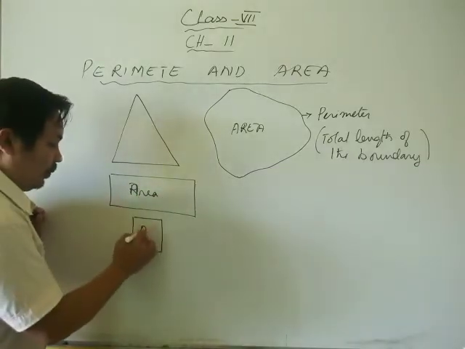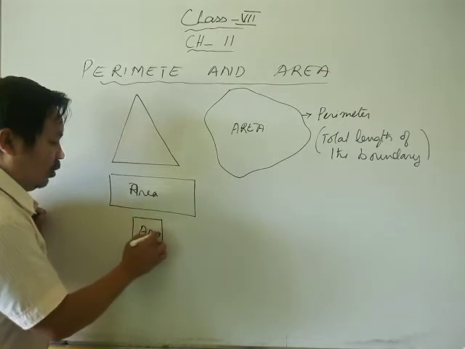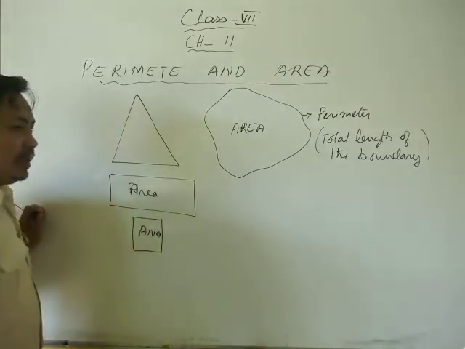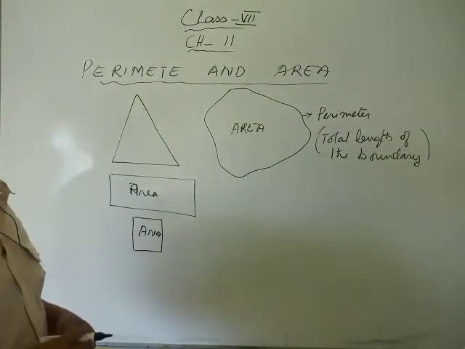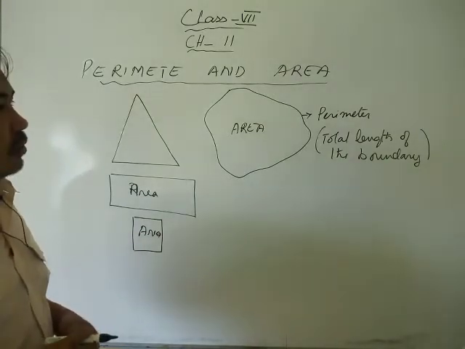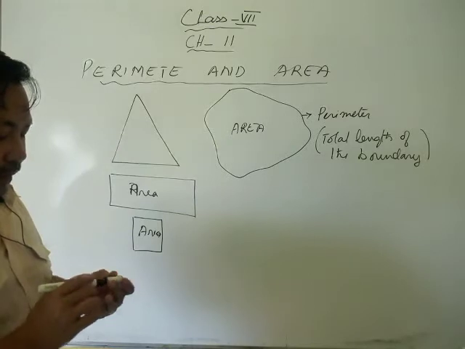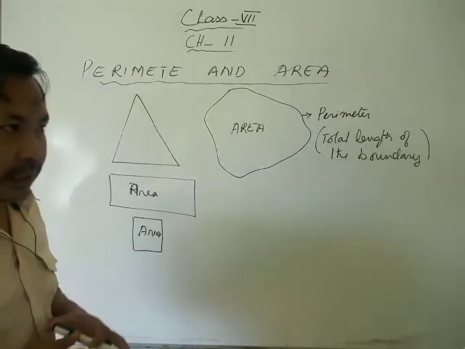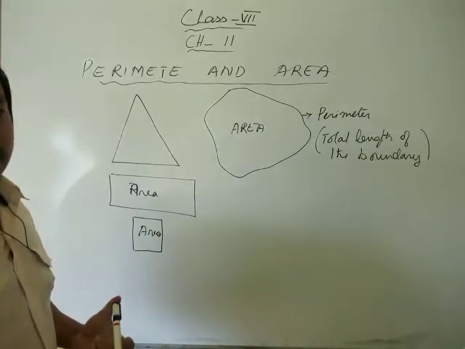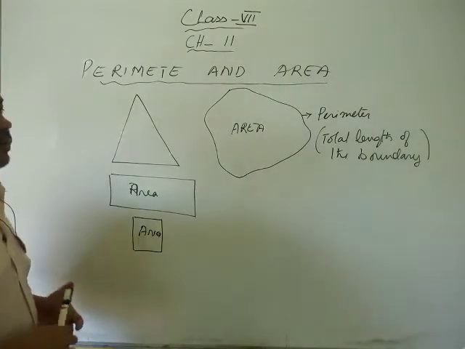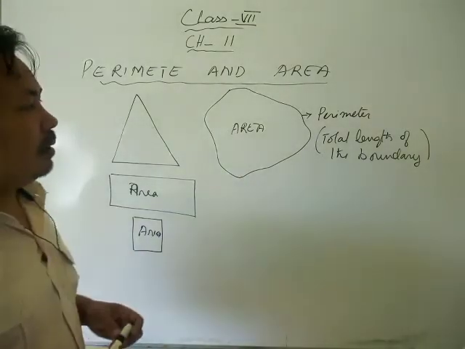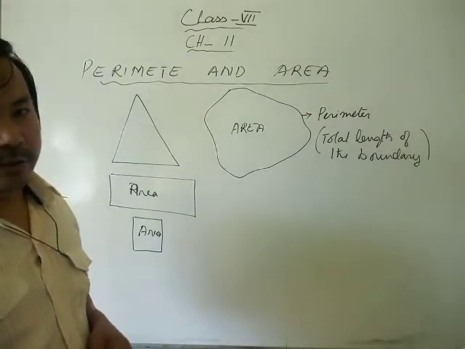Here also, the surface or the portion enclosed by the sides or the perimeter is called area. So we are going to find the perimeter and the area of certain figures. Okay, so let us take some more examples and try to know it.